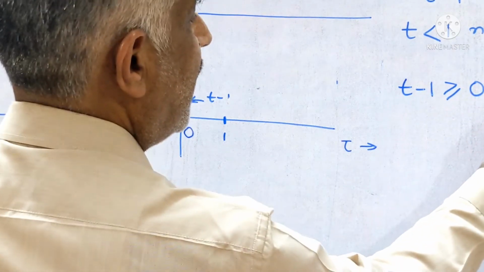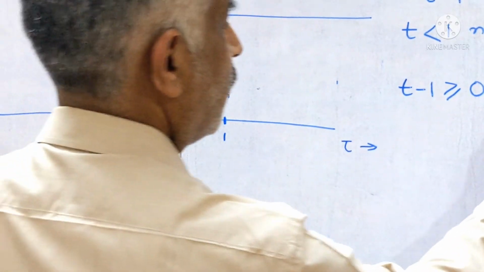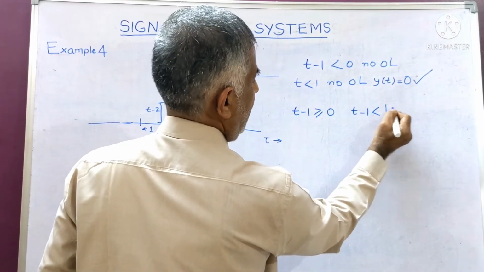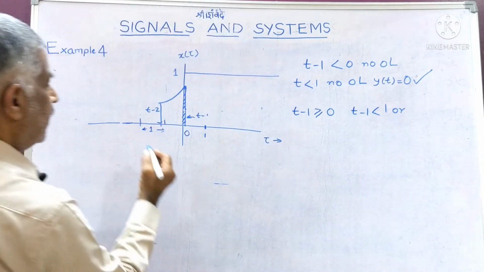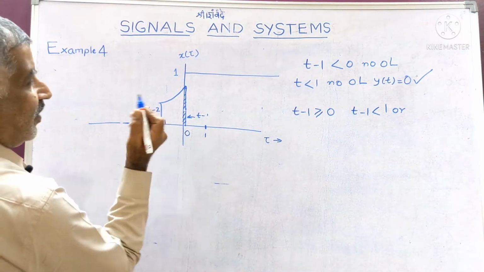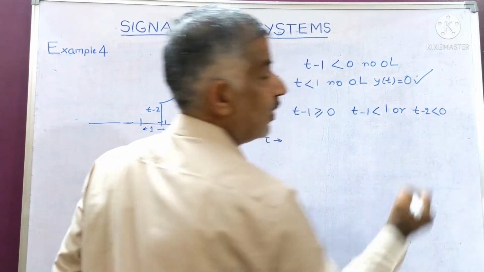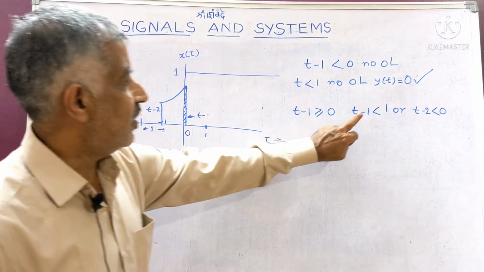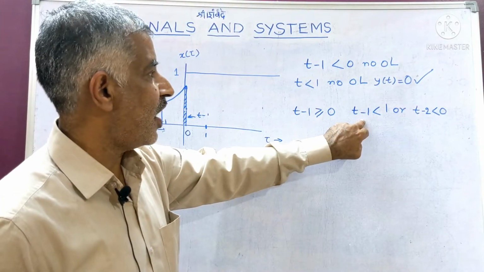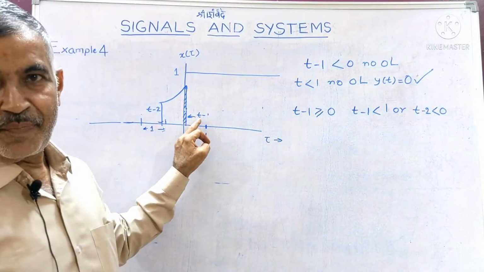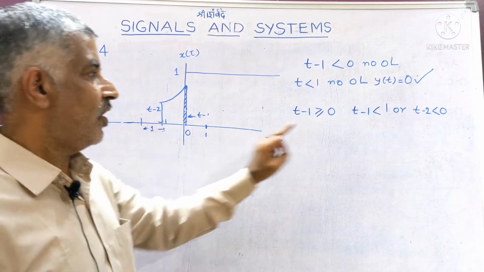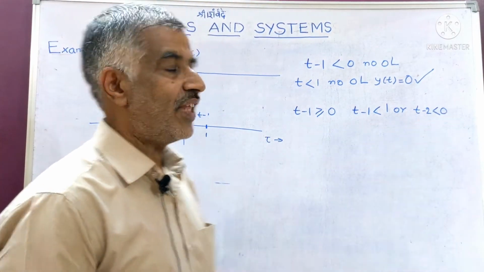That is t minus 1 less than 1 or t minus 2 less than 0. This is the range I have written for the leading edge. For the trailing edge, you have to write t minus 2 less than 0.